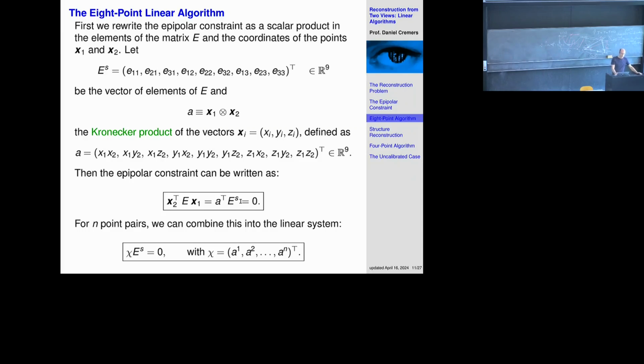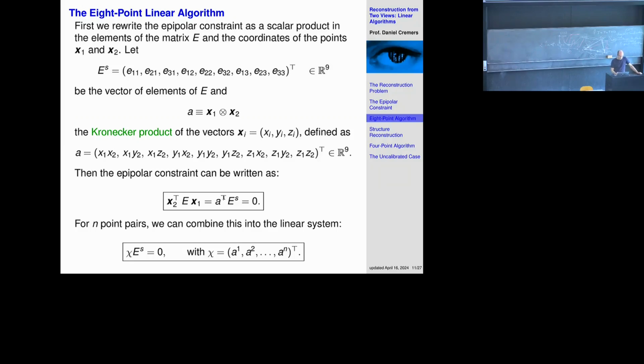I think we introduced that earlier in linear algebra, that the whole Kronecker and the stack notation is useful to rewrite a vector matrix vector product into a scalar product of 2 vectors.